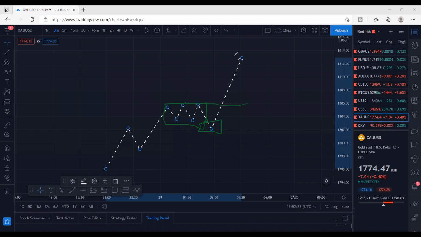So now what is this right here? Normally, what you would find right below here is an order block. Sometimes it doesn't have to be perfectly below there. It's just the last down candle before the up move.